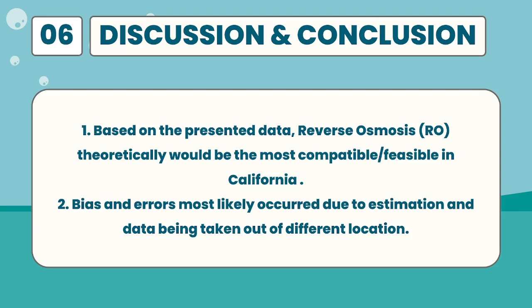However, most of the data that I have presented are mostly estimations, and the data have been taken from academic papers conducted in several different places, which could impose a bias. Moreover, there's not really much government data provided regarding this topic, and there are not many research papers that have been done on the hybrid of NED and RO.